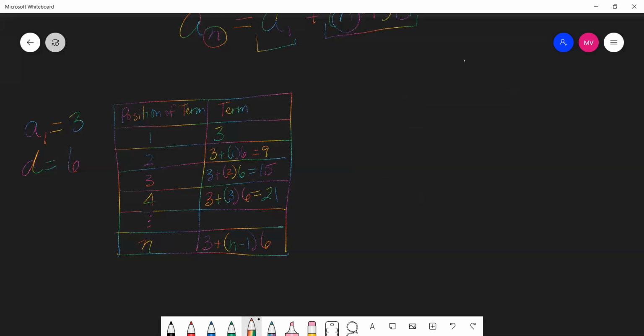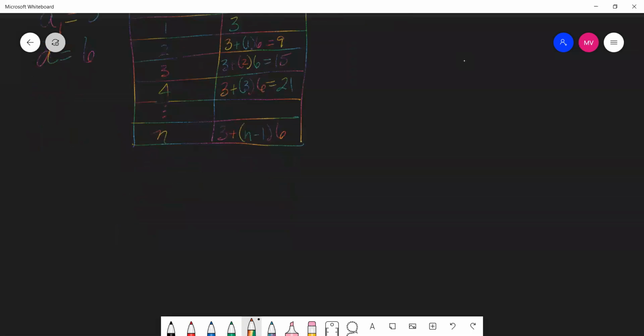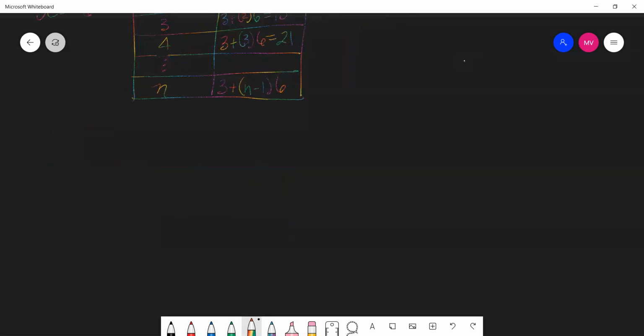Let's work through example 5 and example 6, and then we'll do skill check 3, and I will work through some of the homework problems. Example 5 says the explicit formula for the sequence 10, 15, 20, 25, 30, 35 is A n equals 10 plus n minus 1 times 5.